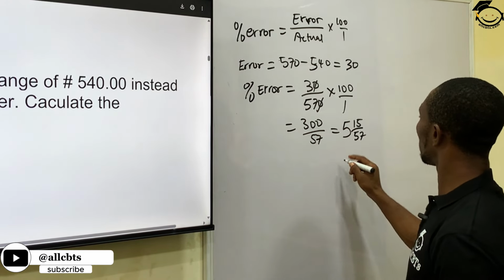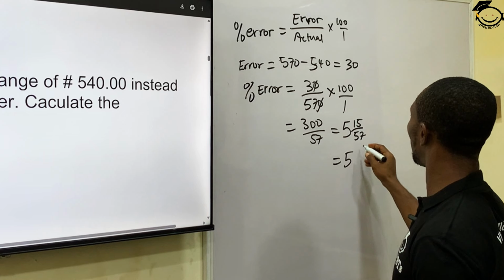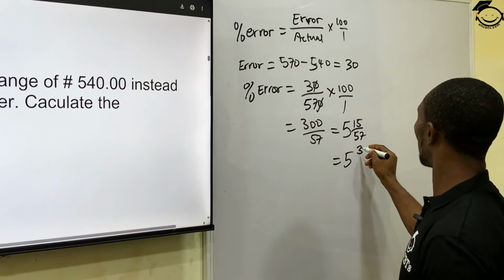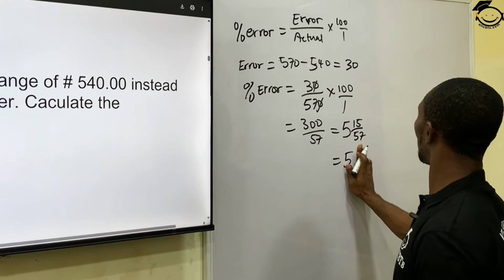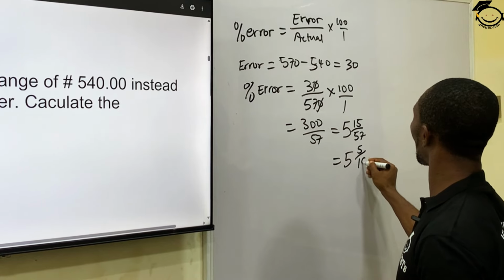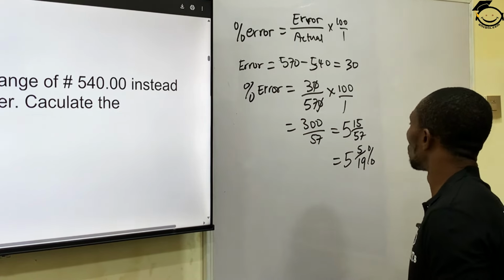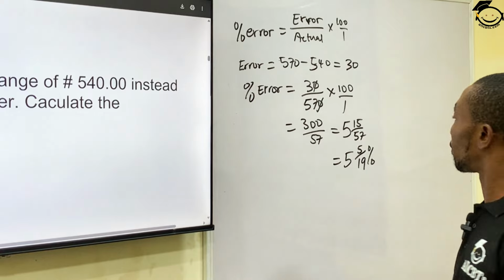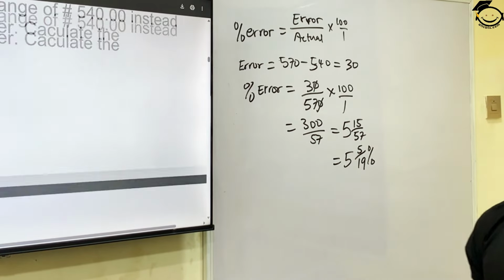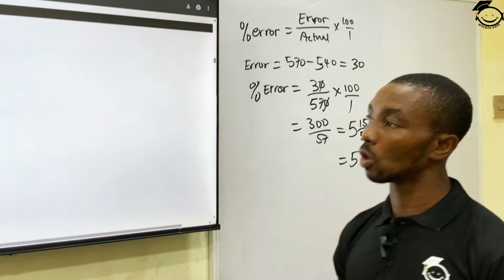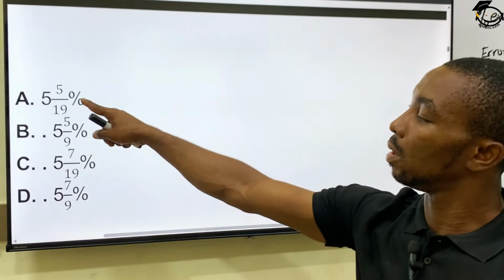Okay, now break this down to its lowest term. That will become 5 and 5 over 19. So the percentage error will be 5 and 5 over 19, which is option A.